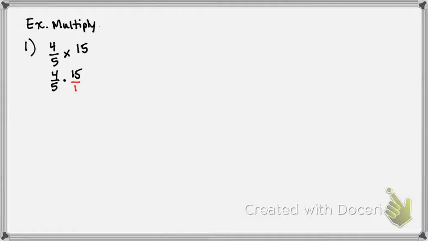All right, now I'm going to go searching for anything that I can reduce by. So let's see. 4 and 1, no. 5 and 15, oh yeah. Divide out a 5. 5 divided by 5 is 1. 15 divided by 5 is 3. And then 4 and 1, no. 3 and 1, no. Okay, that's it. We're going to multiply straight across.